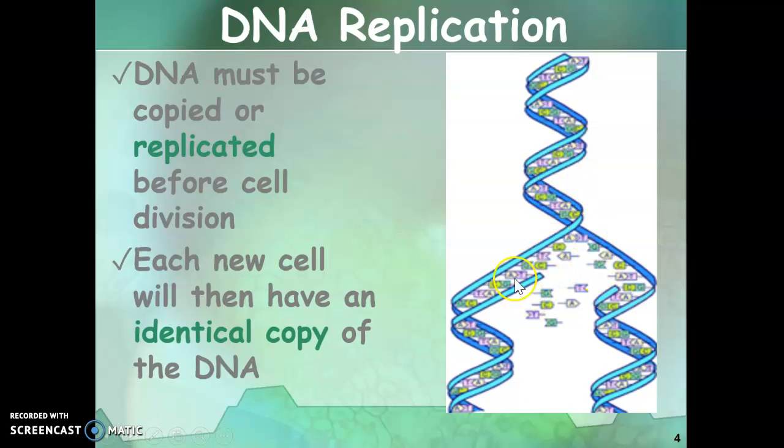So in the end, you have two identical copies of DNA. And one copy can then go into one of the new cells and the other copy goes into the other new cell. And this ensures that both cells get the identical and full genetic information they need to function properly.